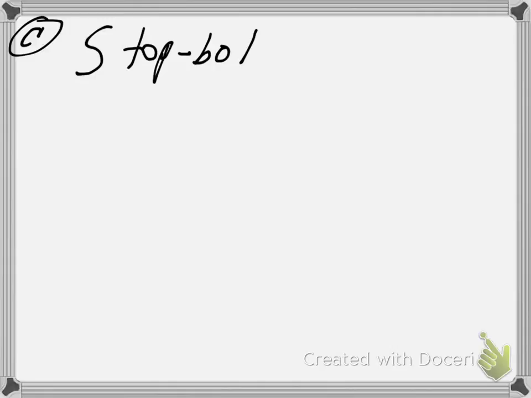Okay, we're on part C now, and it's talking about area. So you want the area of the region, so that's going to be the integral, and then we're going to do the top minus the bottom. Right, this is how we would normally do it, dx.